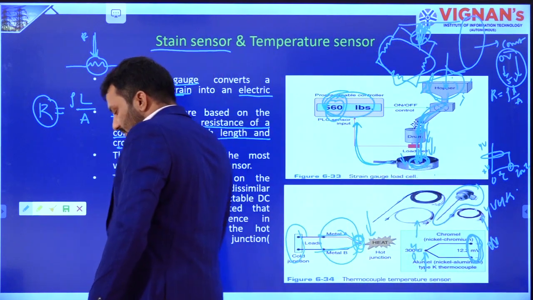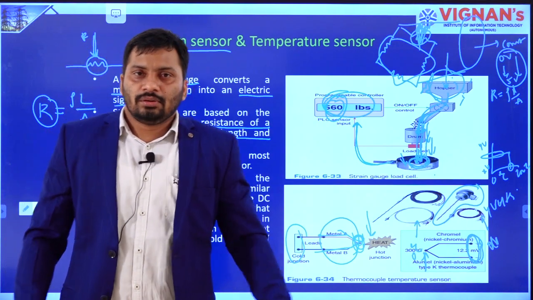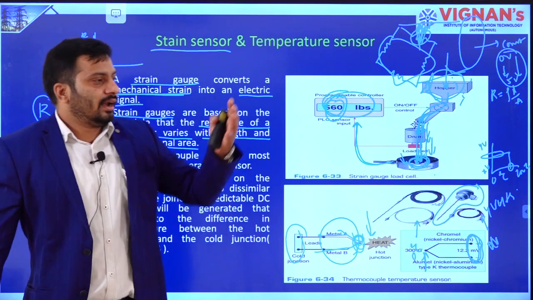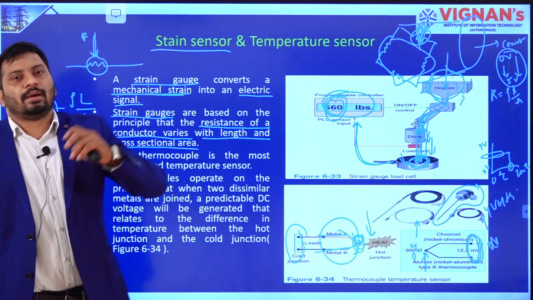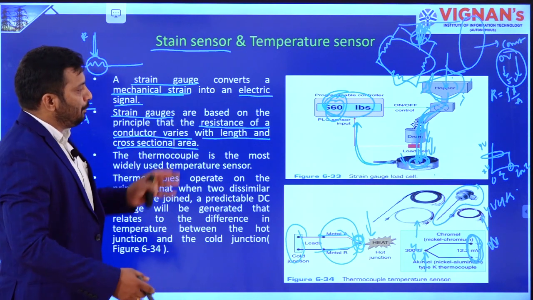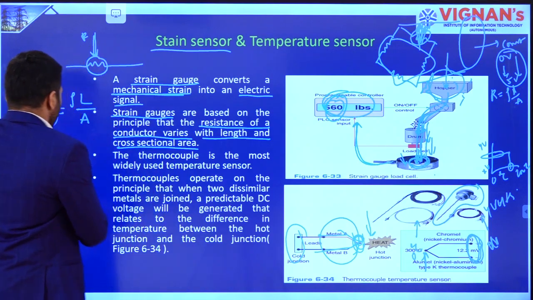These are the strain gauge and thermocouple. One is used to measure the weight of the material, another one is used to measure the temperature. These two are also inputs to the input module, right.